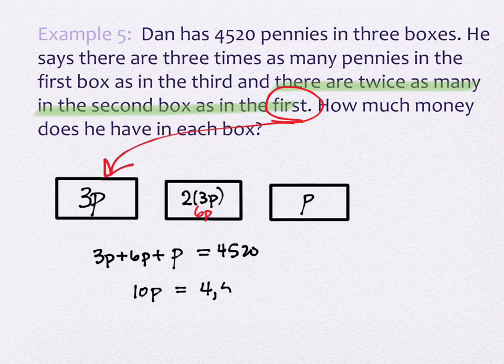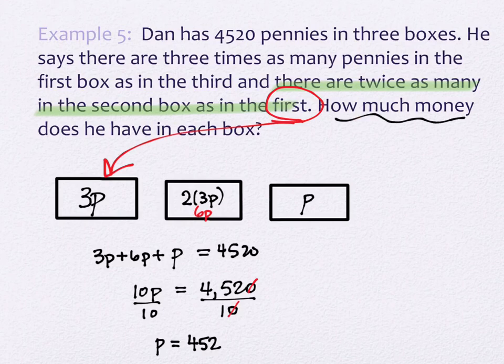Equals 4,520. Okay, what would we do to find P then? Divide by 10. And dividing by 10 is lovely because dividing by 10 makes zeros go away on the end, or it makes decimal points move if we're working with that. So my 4,520 becomes 452. Now, we solved the problem. We didn't answer the question.